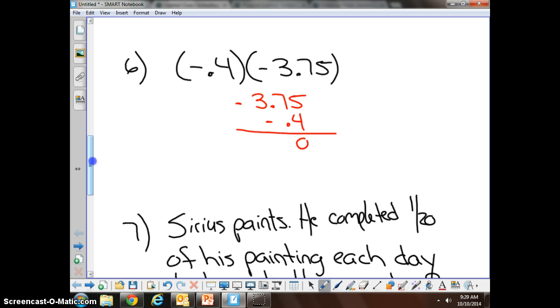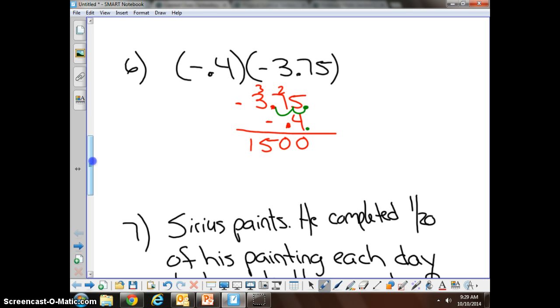5 times 4 is 20, put down the 0, carry the 2. 7 times 4 is 28, add 2, it's 30, put down the 0, carry the 3. 3 times 4 is 12, plus 3 is 15. We have an answer of 1,500 at the moment. But because we have a decimal here and a decimal here, we're going to start from the very end of the problem and count how many places in the decimal point is. If we started after the 5, we would go 1, 2.